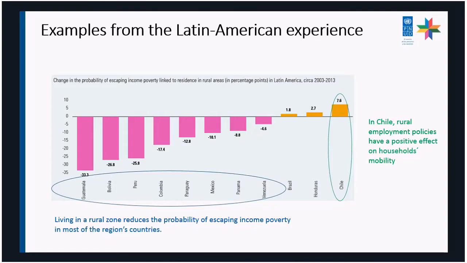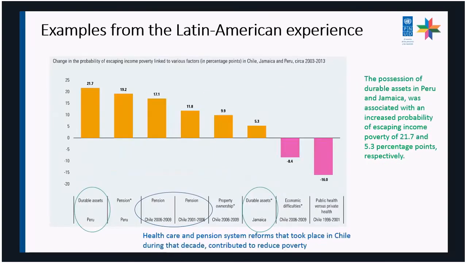As another example, the possession of assets, or the availability of pensions, which I mentioned before. Again, this chart is showing the change in the probability of escaping income poverty linked to various factors. For instance, in Peru and in Jamaica, the availability of durable assets is related to a higher probability of escaping poverty.